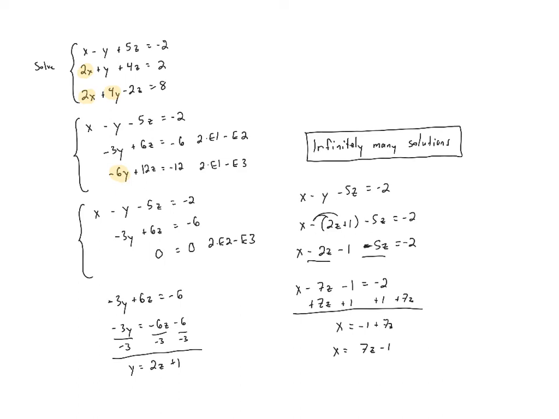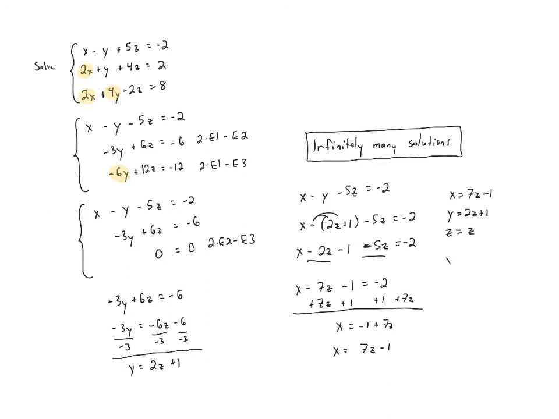And so we've got x equals 7z minus 1, y equals 2z plus 1, and z just equals z. So we've got all three of these in terms of z, but we're going to do even one more thing. Instead of writing them in terms of z, we're going to replace z here with the variable t. We're going to let z be a real number t.